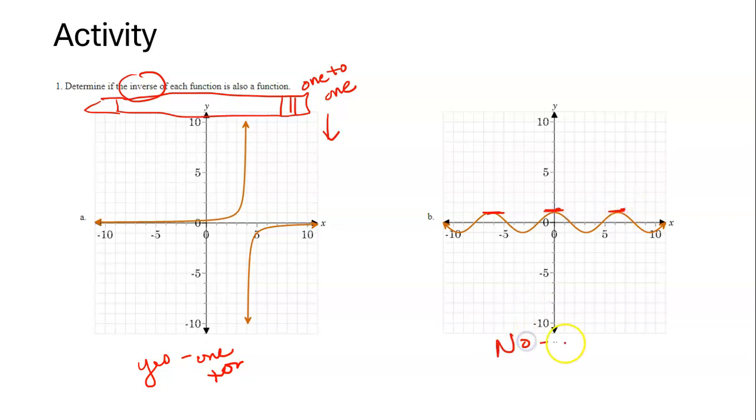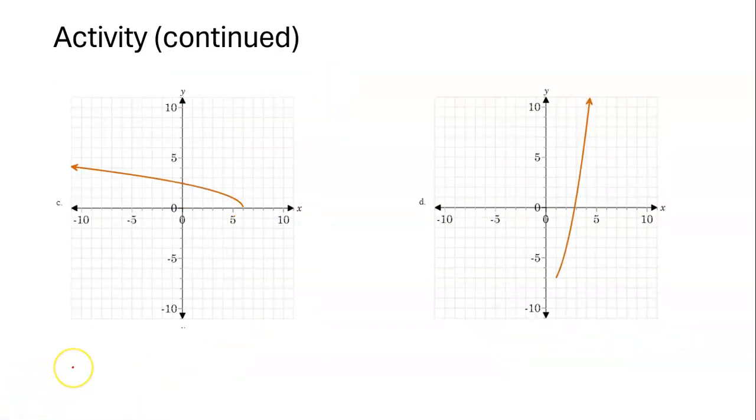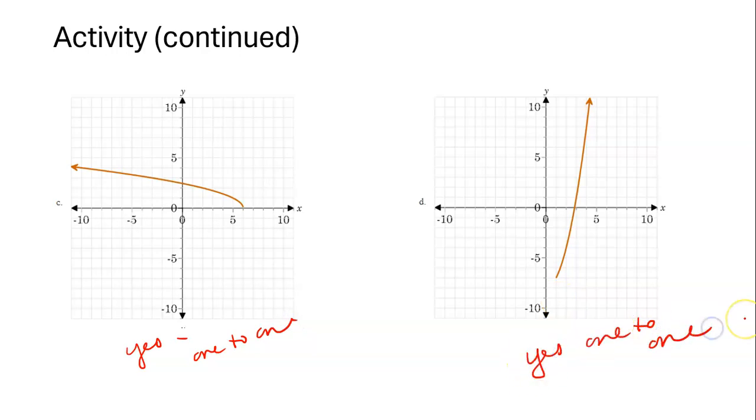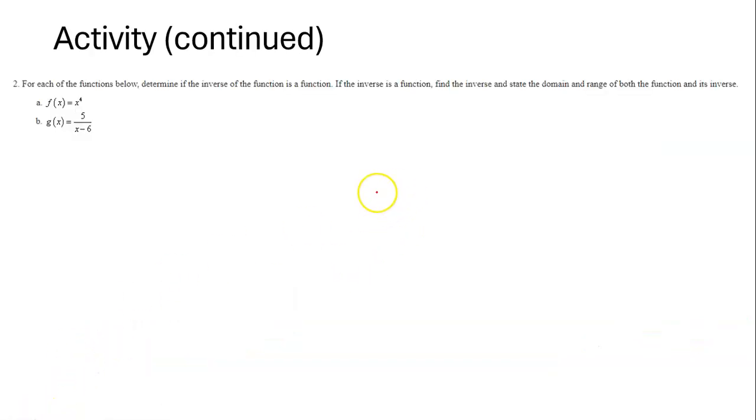So no, not one-to-one. This again, if I do the horizontal line test, yes, this is one-to-one. And this is also, yes, one-to-one. I'm going to do a second video for this question because I don't want to run out of time. So this will be part 1.